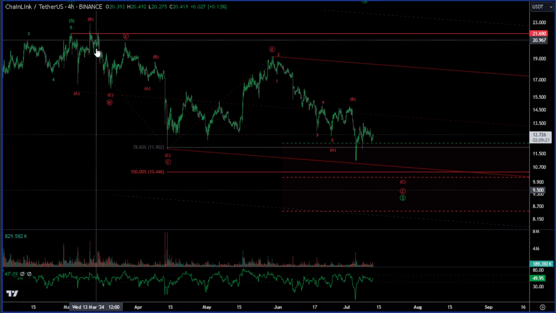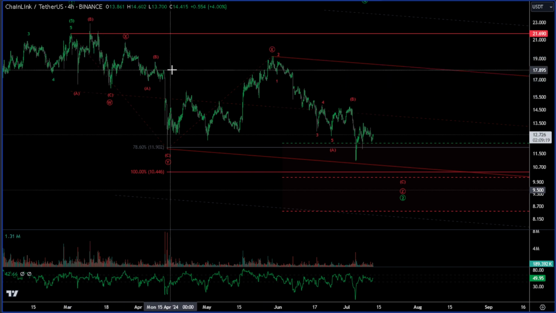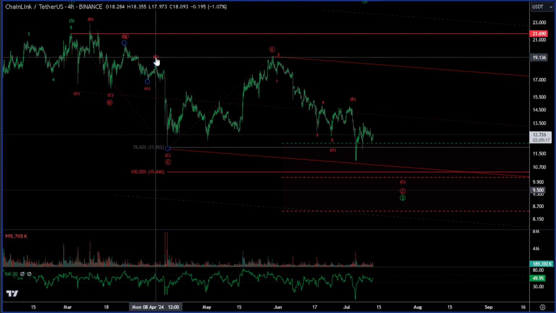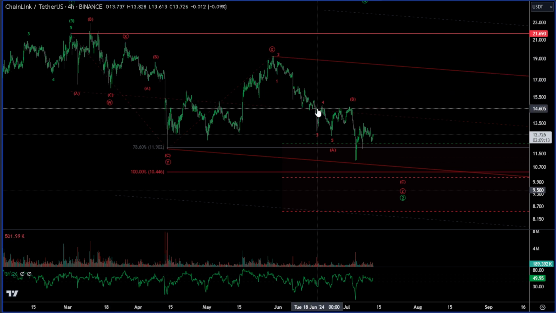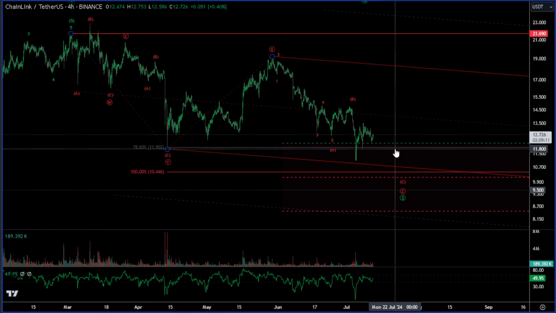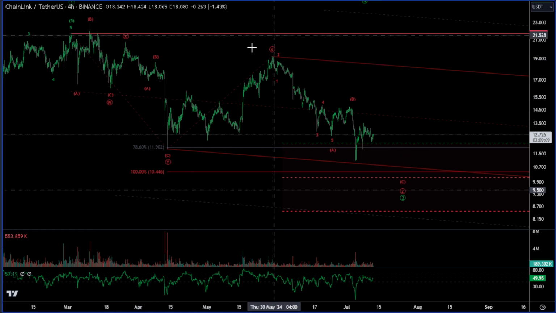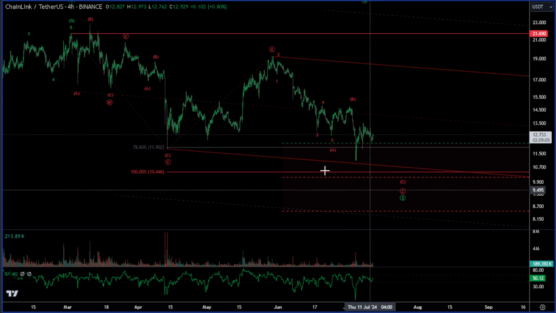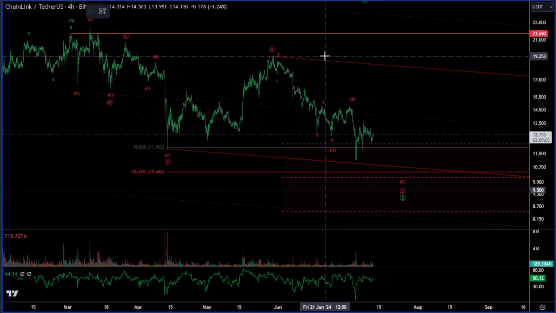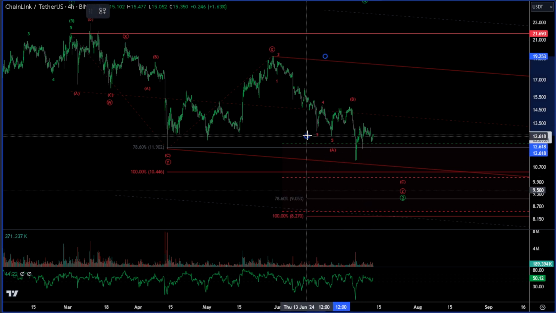I considered maybe this is a triangle, but that doesn't make sense either because this was a 3-wave at the end. So pretty difficult, as you can see. Might turn into something else as price action fills out. But if we're close to complete, I took our final ABC here.